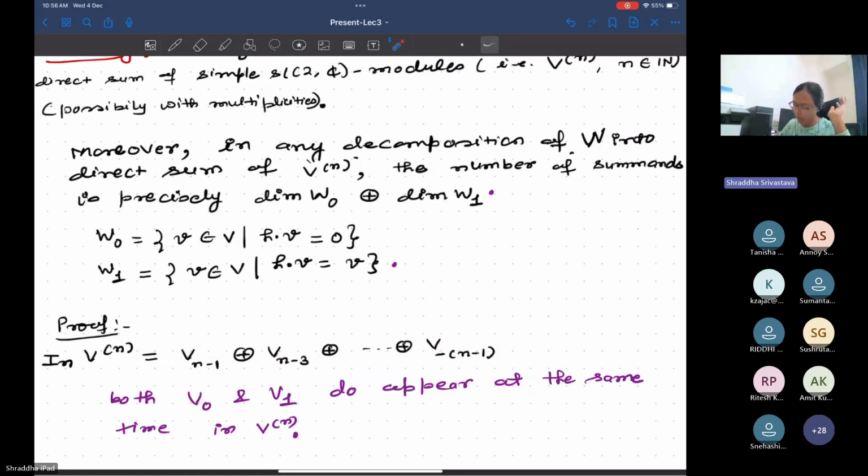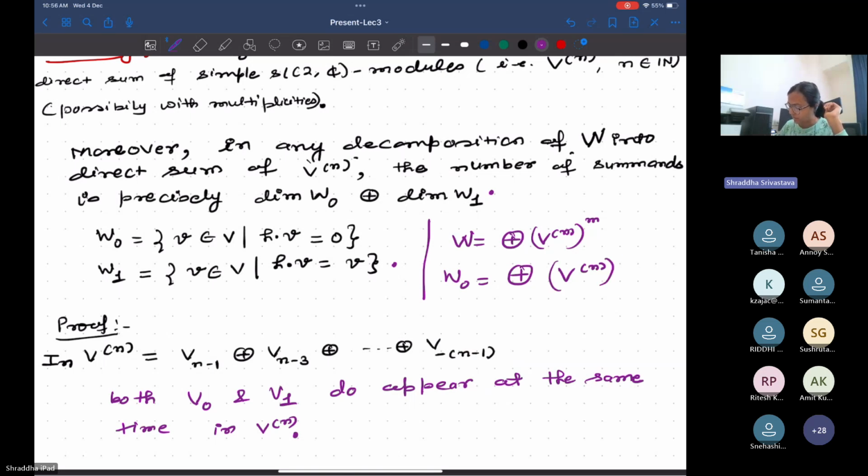And one more thing to say: when you write your V as a direct sum of Vn, which can possibly come with certain multiplicity, let's not worry about that. Sorry, W. So your W0 is precisely the direct sum of the Vn with n even.